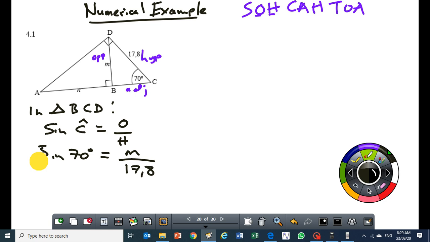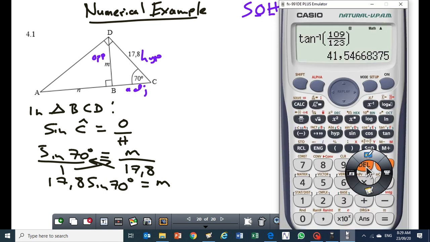Then you divide that sine 70 by 1, you cross multiply, you get 17,8 sine 70 degrees is equal to m. Then you use your calculator. Okay? Bring your calculator in.